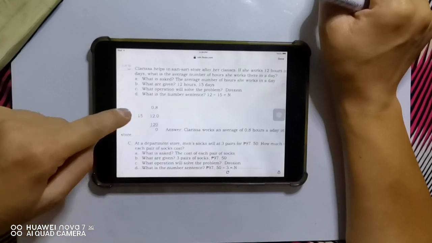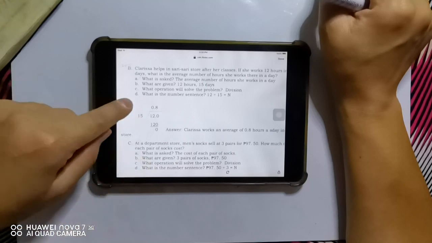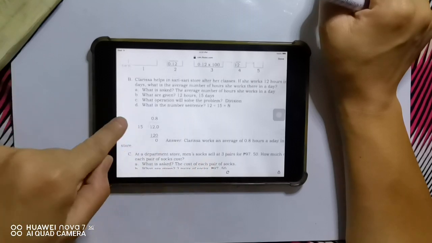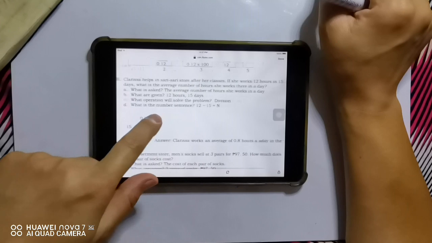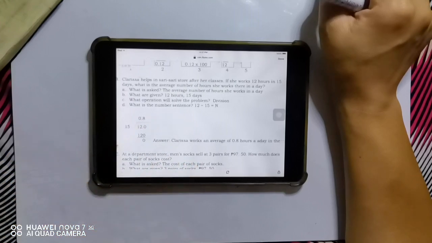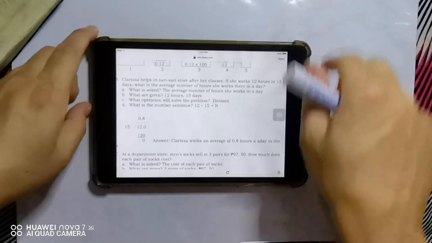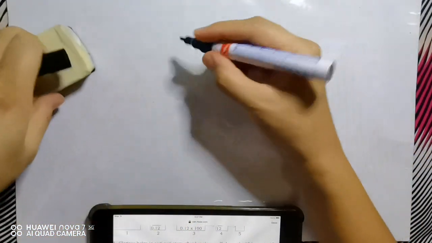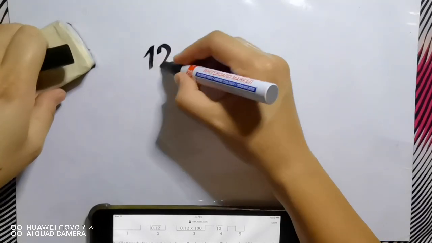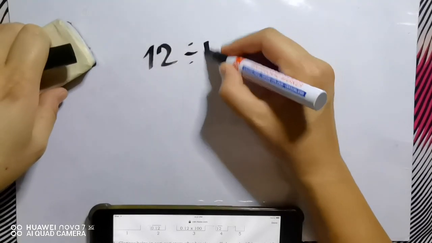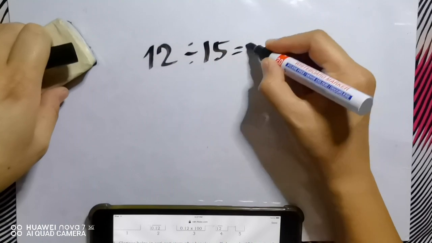So this is now the solution. Okay, so 12 hours siya, 15 days. Gaano kaya siya nagtatrabaho? So that will be 12 divided by 15 equals n.